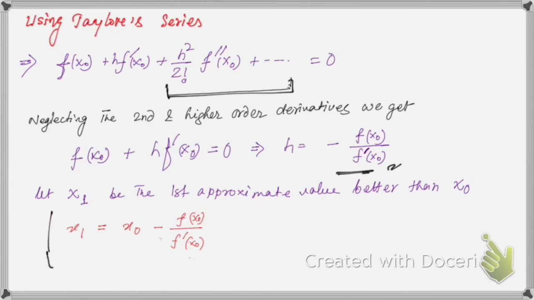So we can write x1 is equal to x naught minus f of x naught by f dash of x naught. Hope you have understood this.